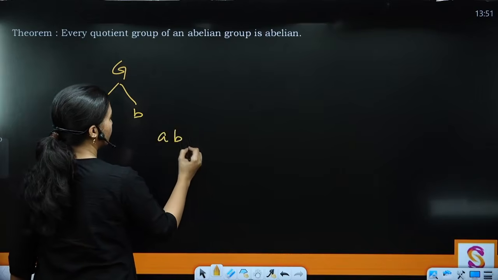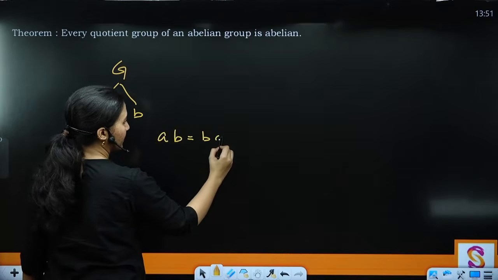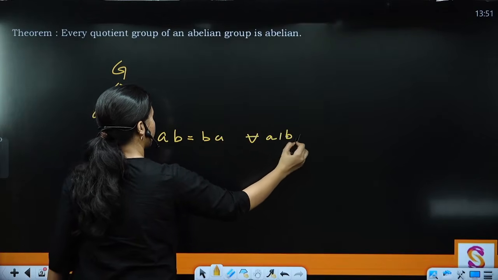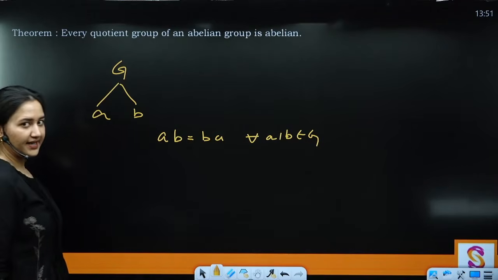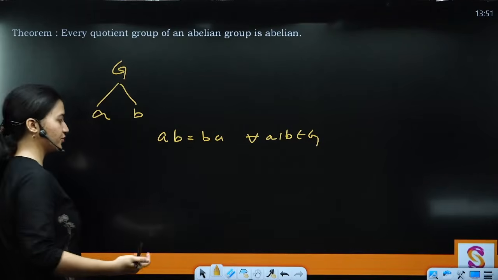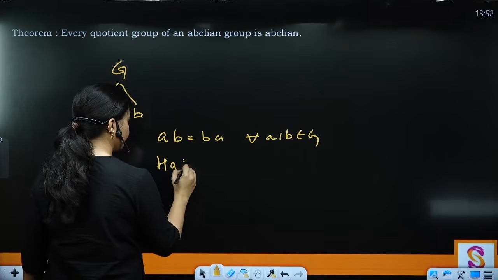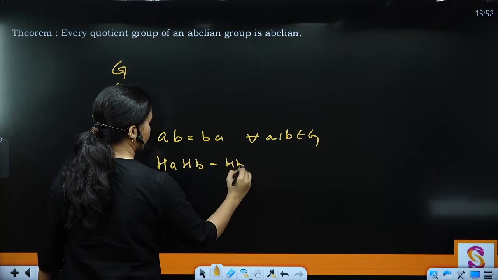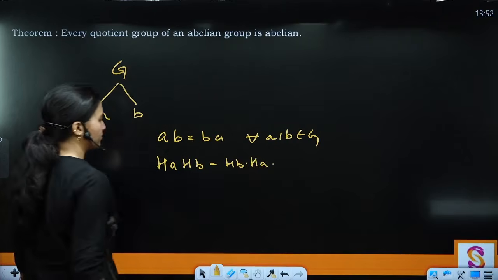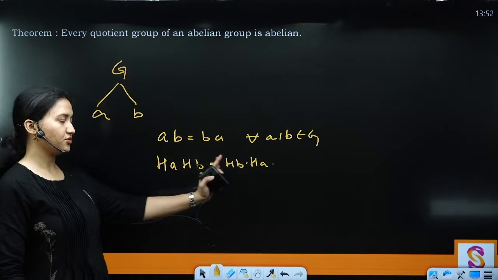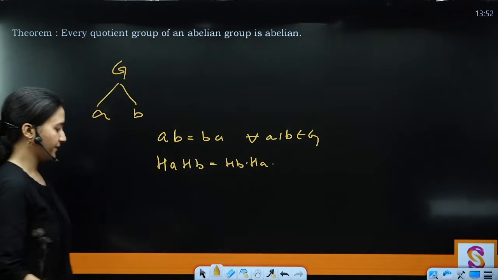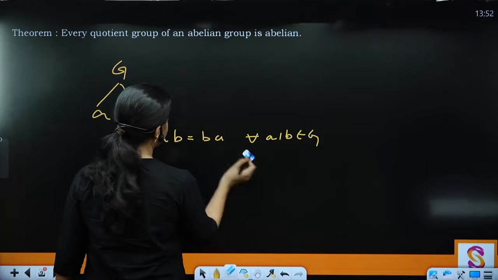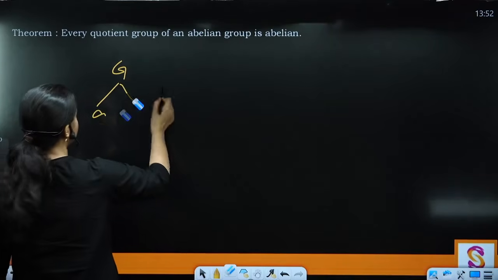You need to prove that AB equals BA for all A, B belongs to G, right? But now I'm talking about a quotient group. So what are the elements like HA, HB? So I need to prove that HA HB is equal to HB HA, right? Okay. I guess अभी तक समझ में आ गया होगा. It is going to be very simple to prove it.